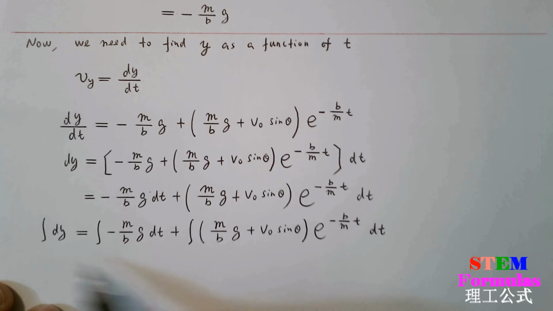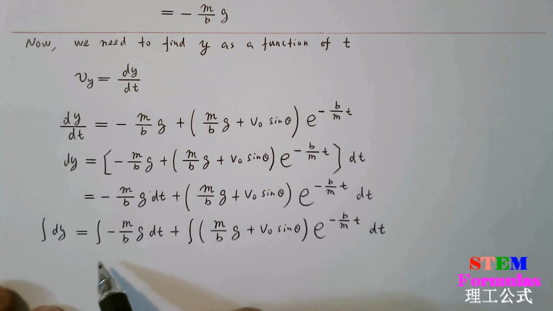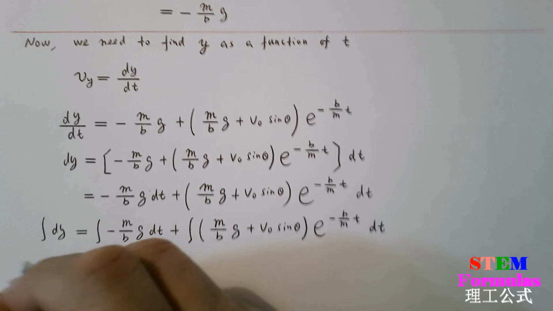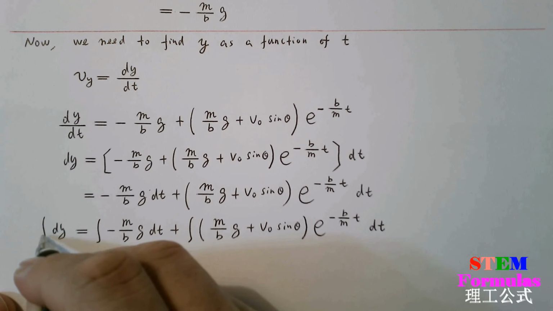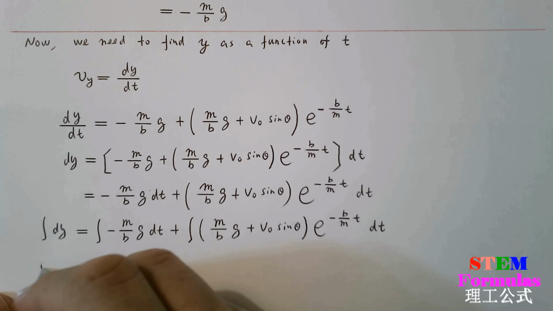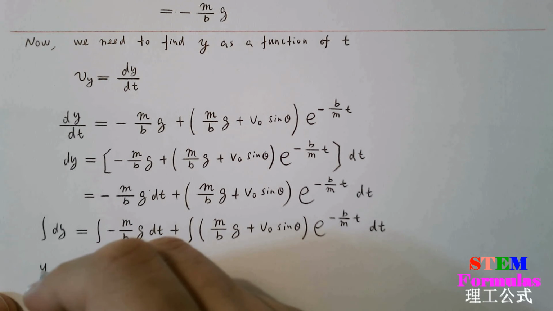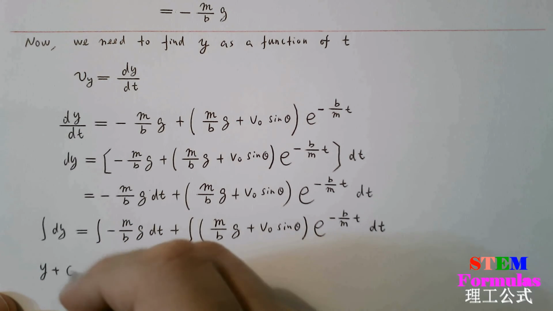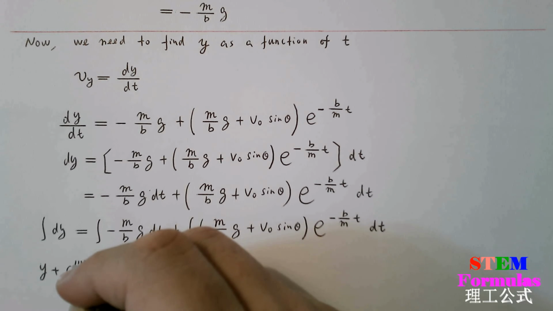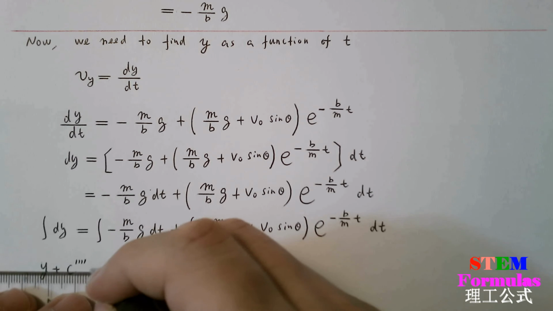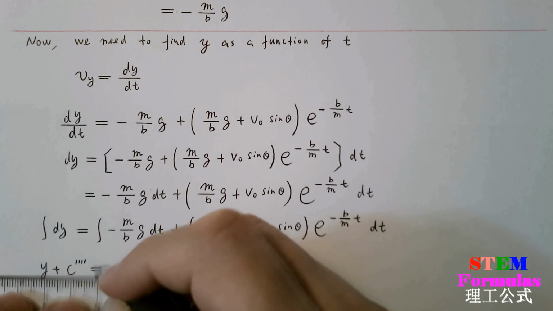I have an integral constant, so I put the integral constant on the left side. So integral dy, I write down here y plus c4 prime equal the right side.